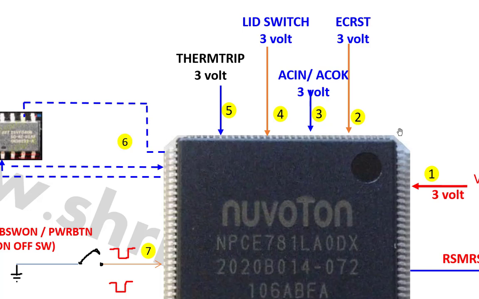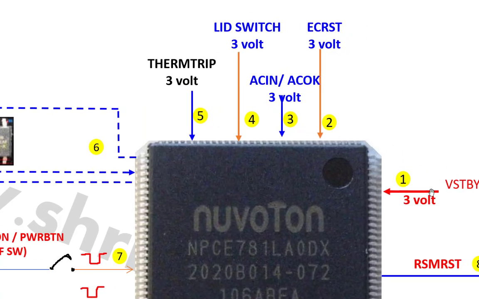So most of the signals are only 3 volt, so you have to check all the signals for 3 volt. If one of the signals is missing, then you have to find why this signal is not coming to the SIO, and if one of the signals is not coming to the SIO, then SIO is not going to turn on your laptop.